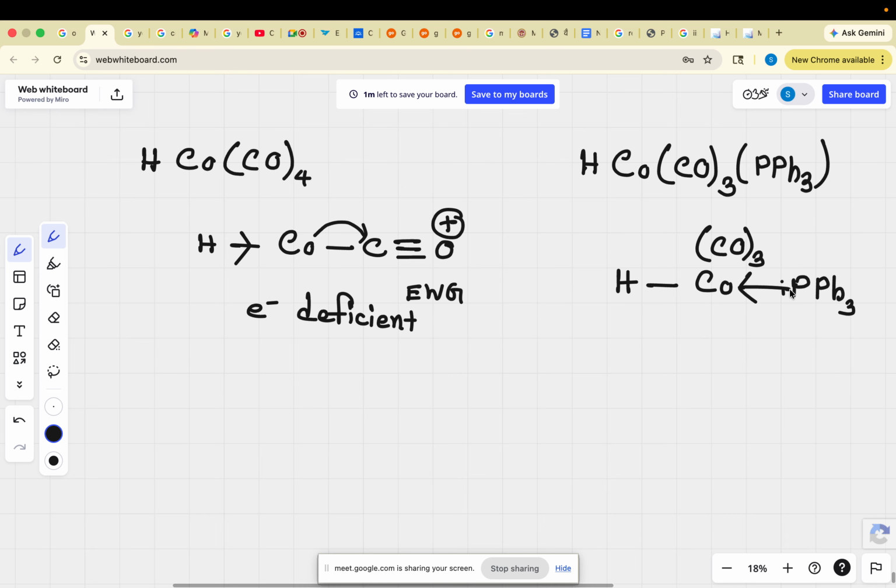It is donating electrons to the metal center. So electron density is increasing on the metal center, which means the hydrogen is also electron rich, so it can release as H minus. Here the hydrogen can release as H plus. Both are possible. Okay, fine.